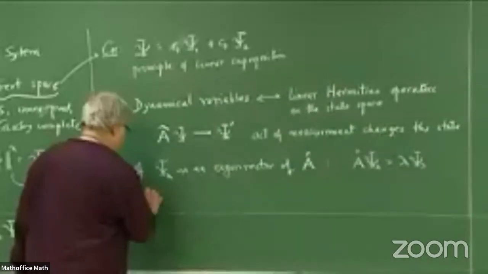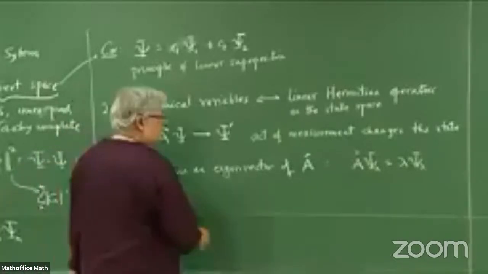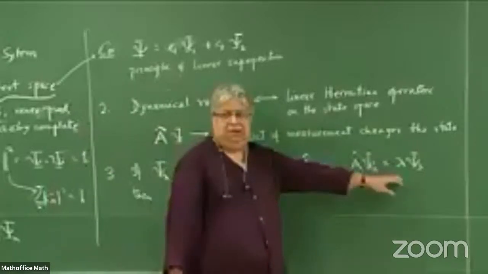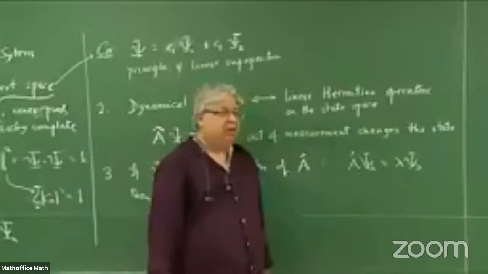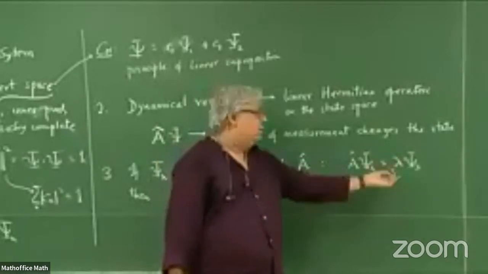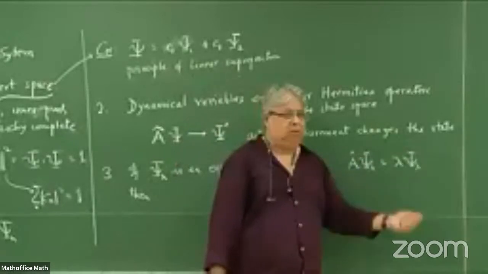Then, first of all, you see that A has not changed the vector. It gives you the same vector, and you can do it any number of times, it will still give you the same vector. Remember, ultimately your state has to be normalized, so it's only the direction which matters.